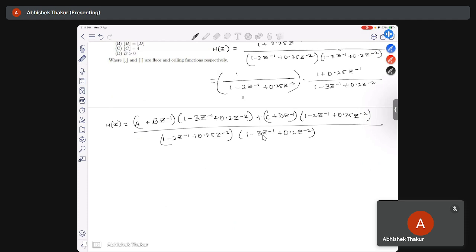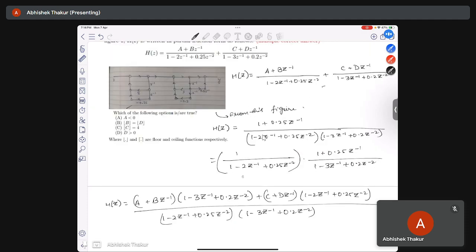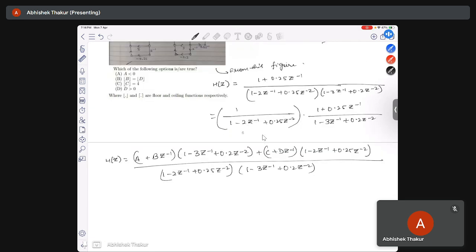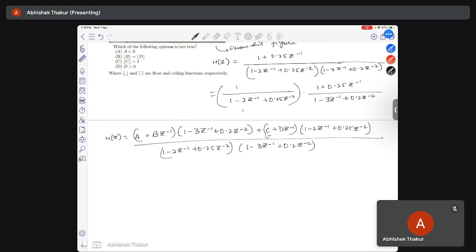And now we will separate it out with the terms with the coefficients z to the power of 0 and z to the power of minus 1. So the numerator can be written as 1 plus 0.25 z inverse, like this. This numerator part is equal to this complete numerator part.